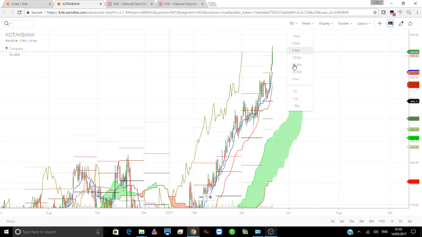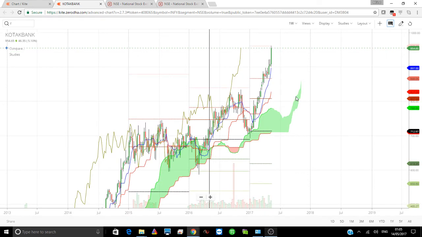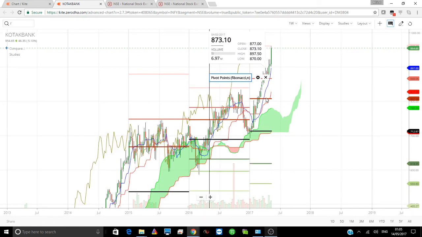If I go to weekly, I would look at this line, which is about 807, and on weekly the R2 resistance line is about 866. The price of the stock is 954.